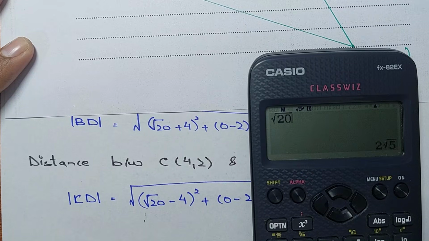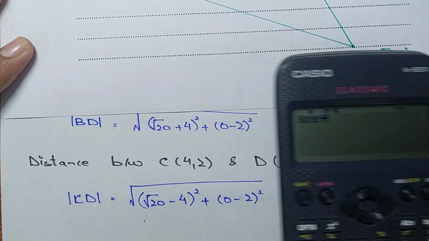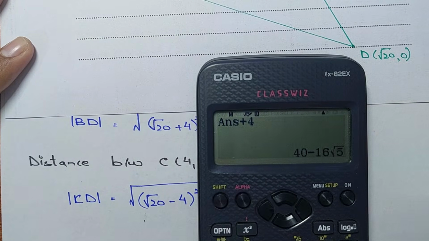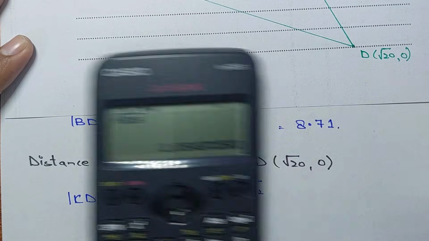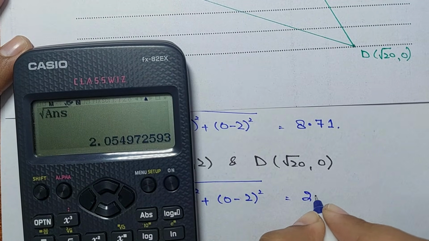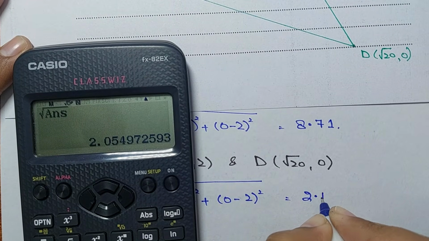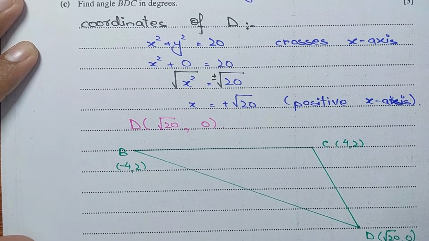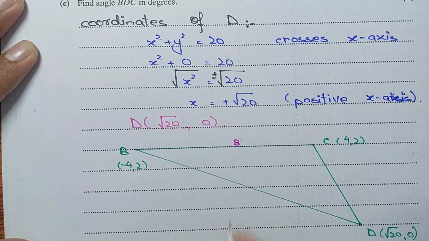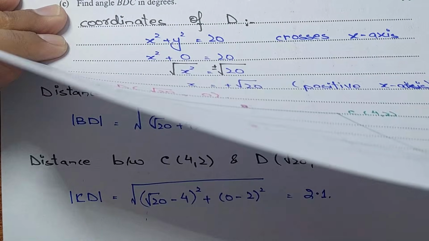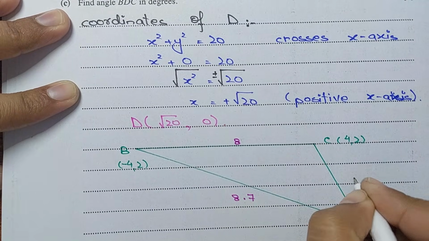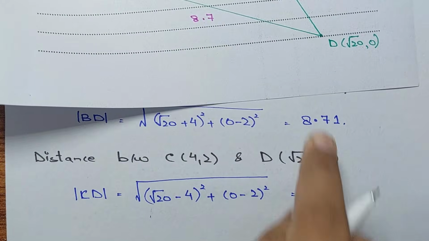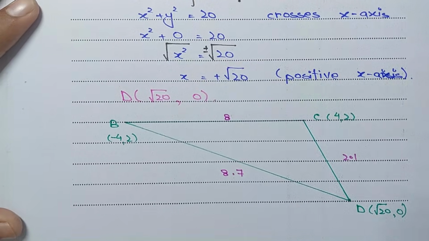Square root of 20, minus 4, take it square, and then add minus 2 square is 4. The square root of the answer is 2.05 or 2.1, you can say. So you can see this distance is 8 units, this distance is 8.7, and this is 2.1. Yes. Now we have all the distances.